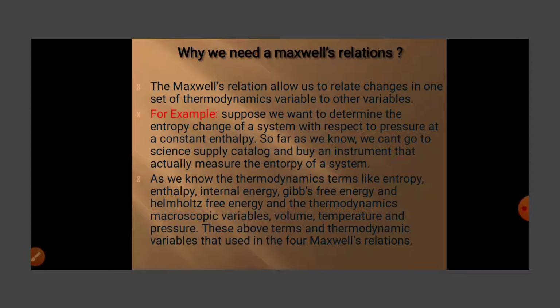In order to derive Maxwell relations, we must have fundamental knowledge about thermodynamics. We must have knowledge about basic terms like enthalpy, entropy, Gibbs free energy, and Helmholtz free energy.